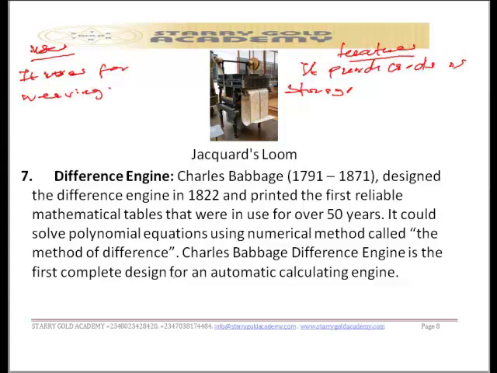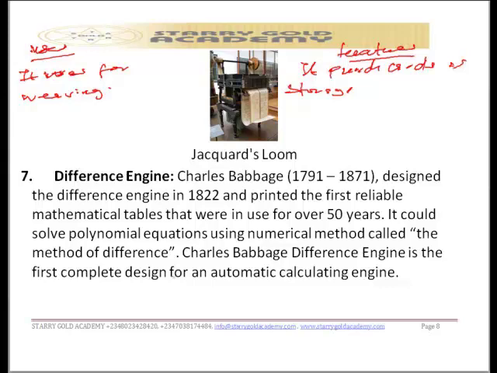Now let's consider another computing device. It's called difference engine. This was invented by a mathematician called Charles Babbage, who lived between 1791 to 1871.